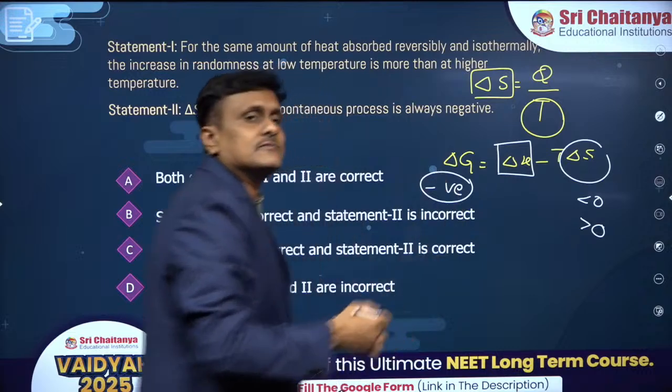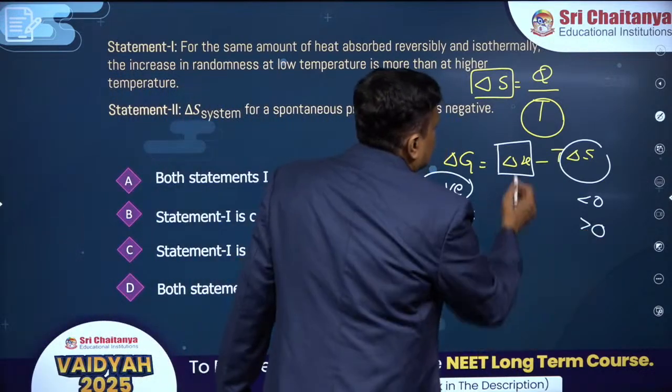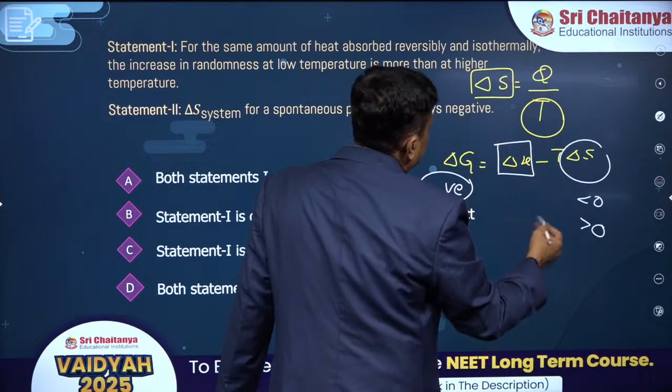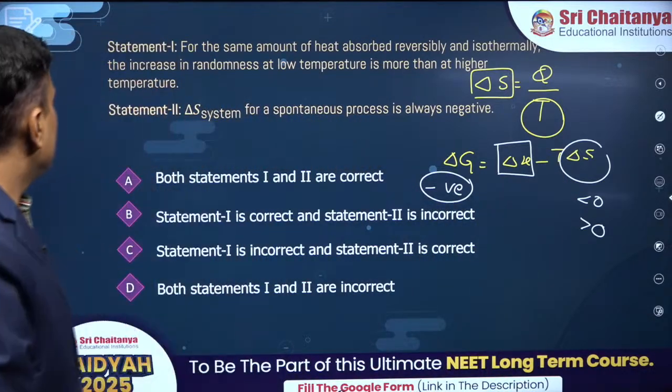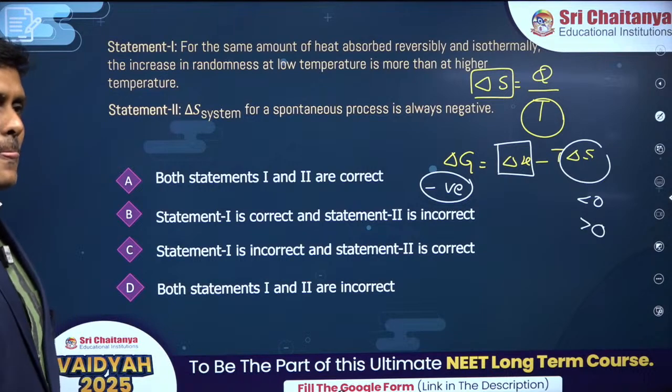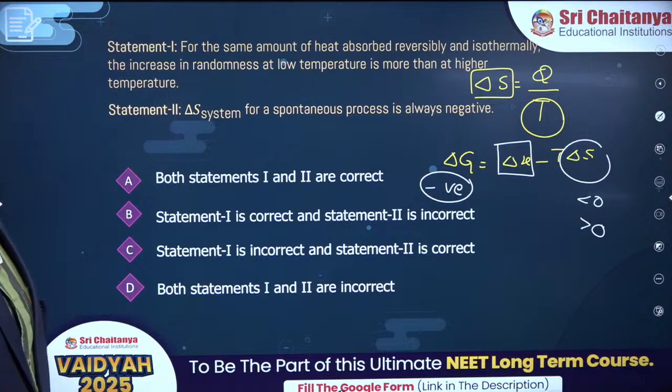So, if delta S is positive and delta H is positive or negative, even then delta G can be negative. So, it looks like statement 2 is incorrect. Anil gave the answer. Statement 1 is correct, statement 2 is incorrect. B, Bhargav is right.